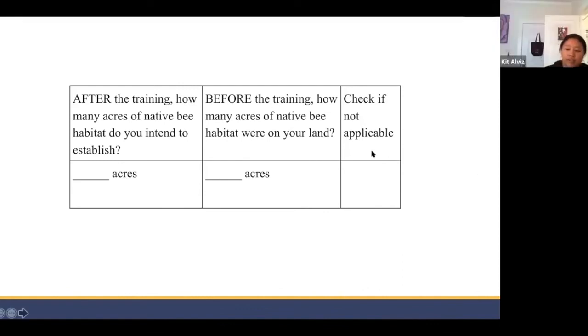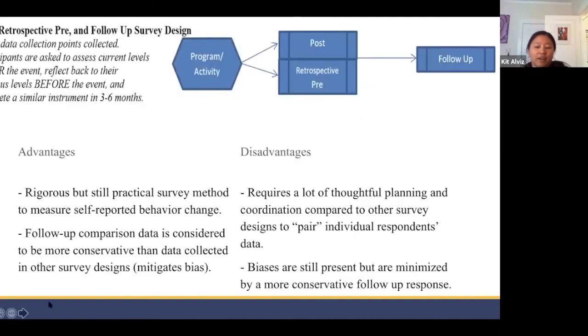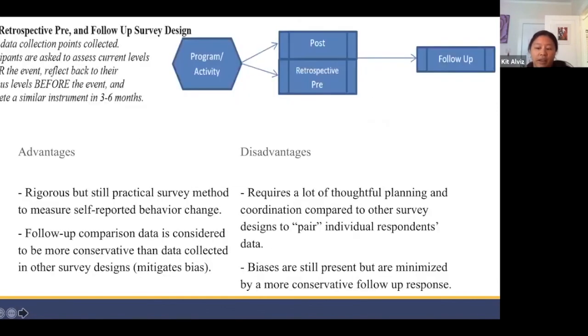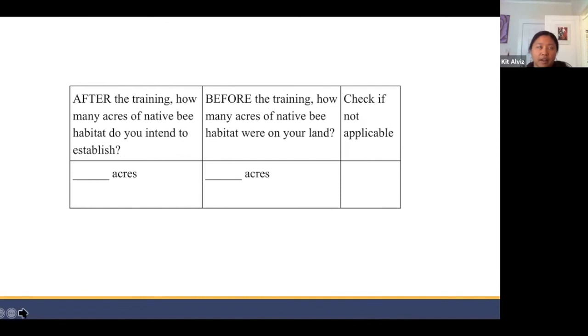Sure. Response shift bias is kind of like you don't know what you don't know, right? A good example is, Carrie, if I were to ask you before a training begins, what is your level of understanding of survey development? And you say, oh, I think it's pretty good.